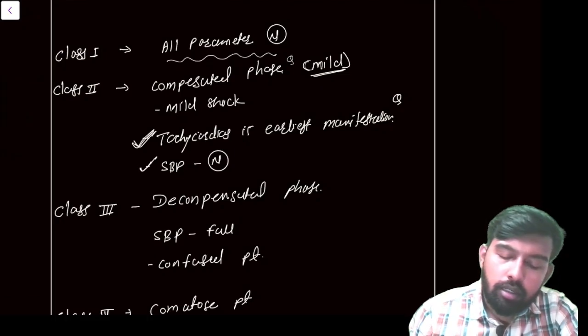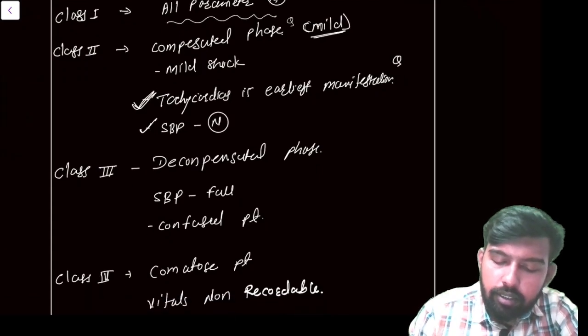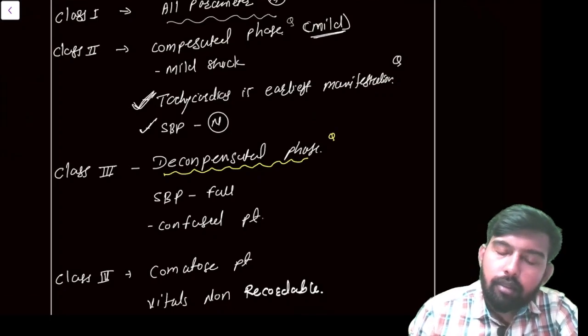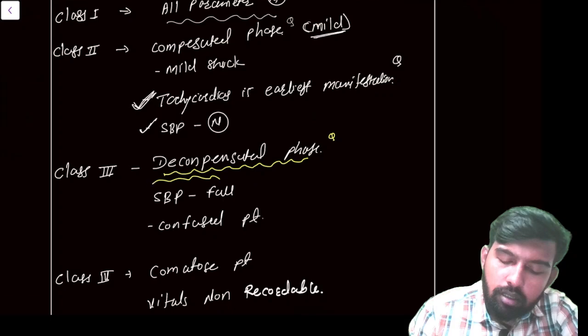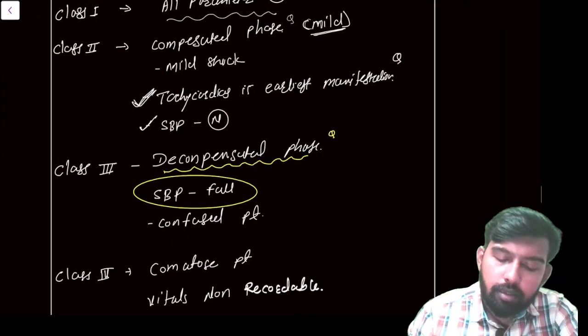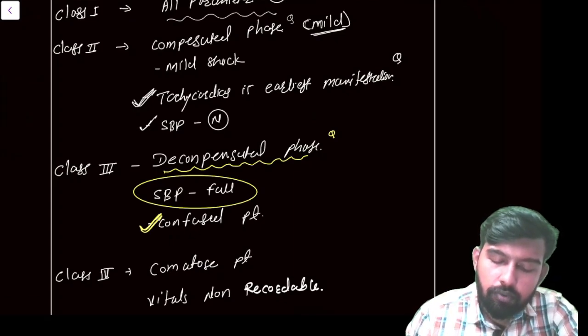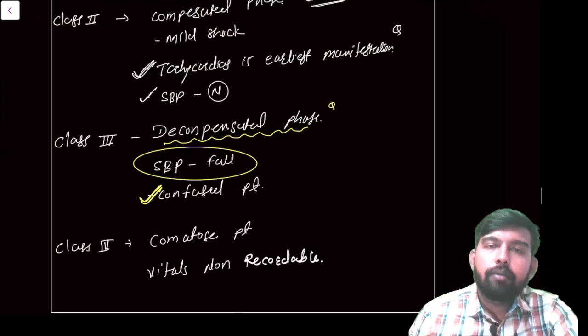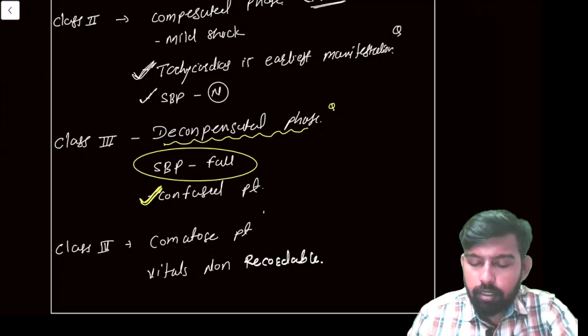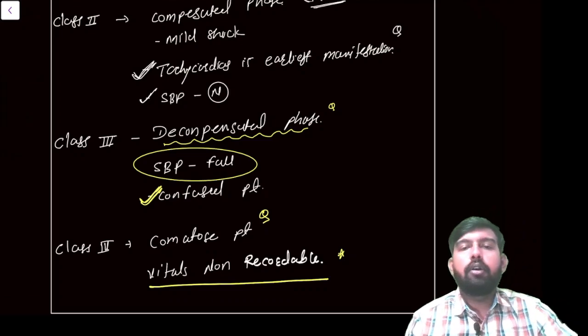Class 3 is a decompensated phase of shock. For the first time there is a fall in the systolic blood pressure, and the patient becomes confused. Class 4 shock is a severe type of decompensated shock in which the patient becomes comatose and all vitals are not recordable.